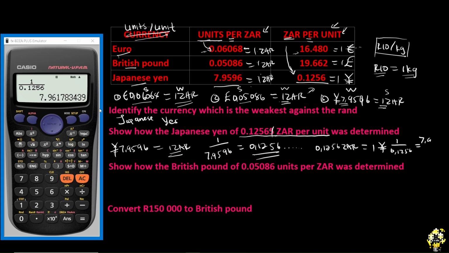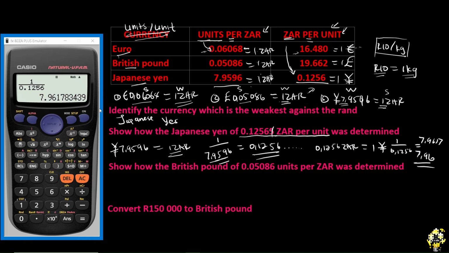It's 7.9617. That's what I'm saying. And that is how you are supposed to calculate it. So this one was 7.9596. This one is 7.96. That means it was rounded off. So if you were to round it to 2 decimal places, you would get 7.96. That's how it works.